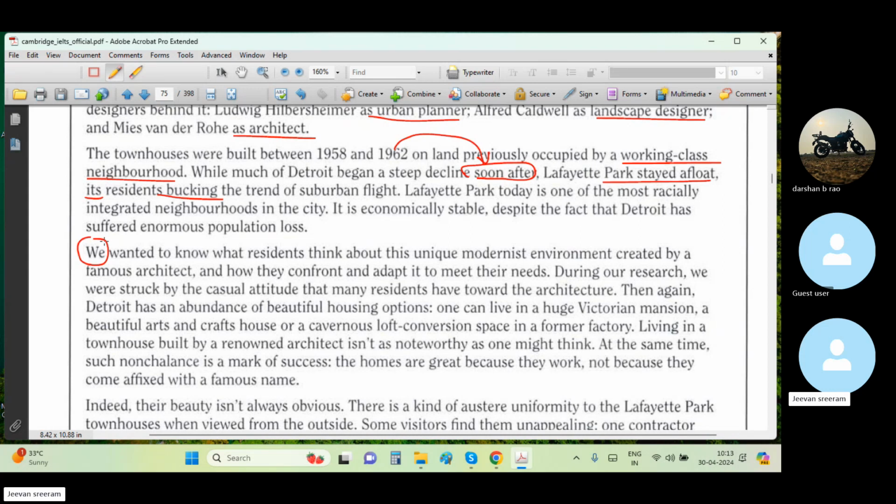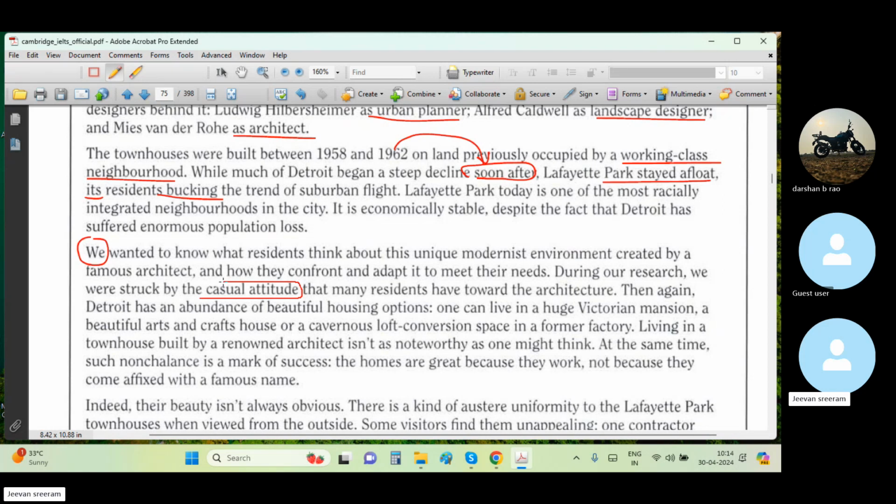During our research, we were struck by the casual attitude that many residents have toward the architecture. Actually, there are world-class designers behind the modernist townhouses, but the residents don't have such excitement, as if they were not part of modernist townhouses. They are residing in modernist townhouses, yet there was a casual attitude.